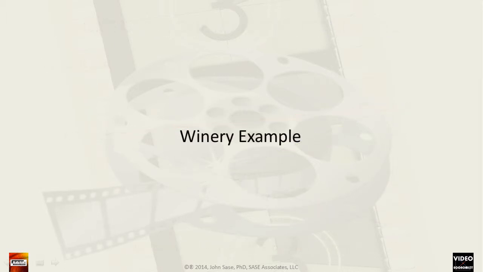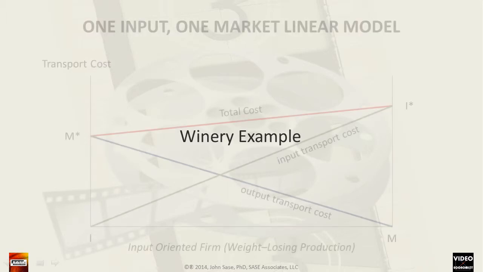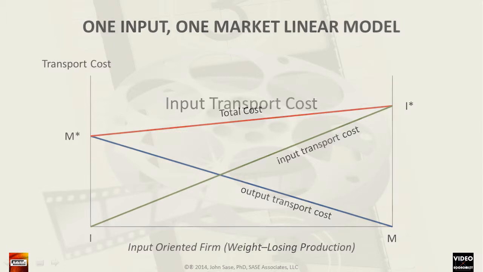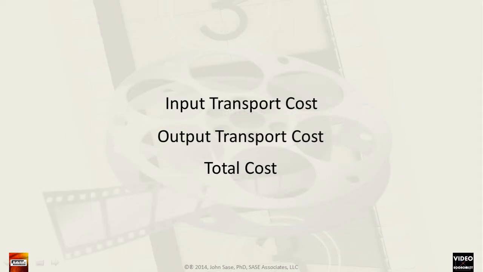In our example, let us assume that this firm is a wine producer. Moving the input of grapes from the vineyards to a production site closer to the market involves the cost of transporting the grapes at a constant ton rate per mile.